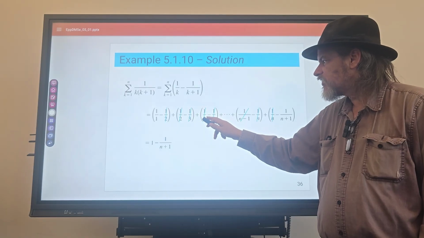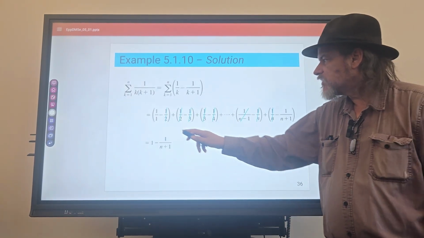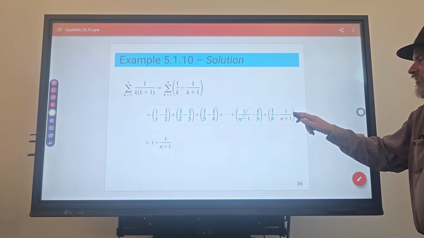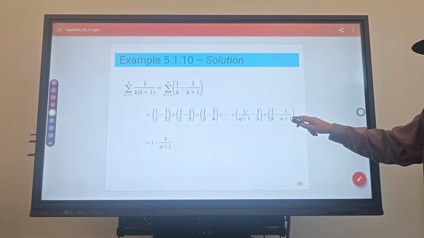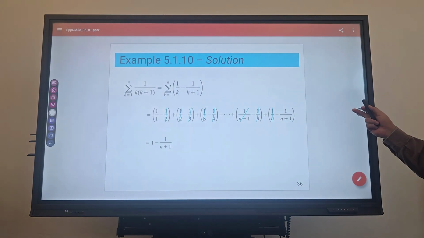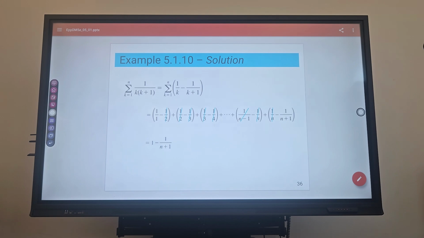Minus a third plus a third cancel. So you're left with 1 over 1 at the beginning and minus 1 over n plus 1 at the end. And all the other terms of the summation cancel each other out.